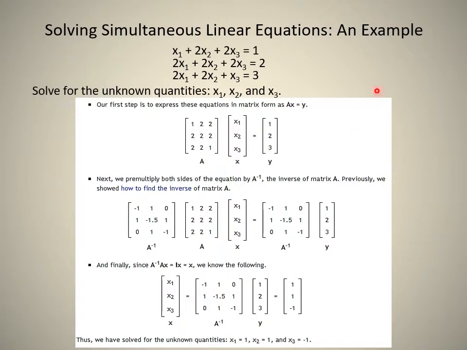Obviously, if there's linear dependency, if any of these rows or columns are dependent on others, it means that matrix is not of full rank, and we will not be able to calculate an inverse for that matrix, so it's not solvable in that case. So if there are linear dependencies in any of our equations, it would not be possible to solve for these unknowns with the number of equations.